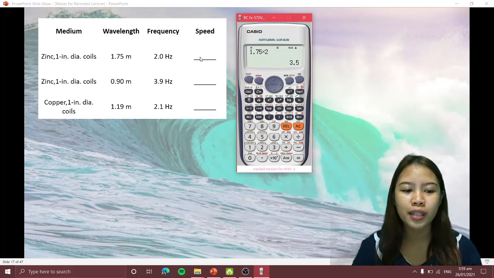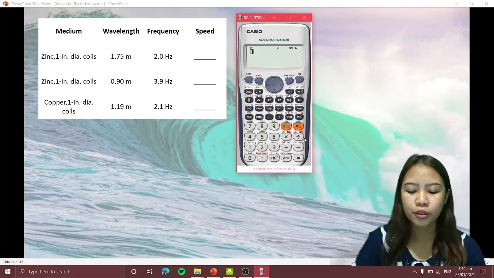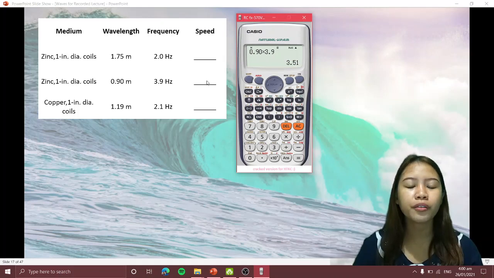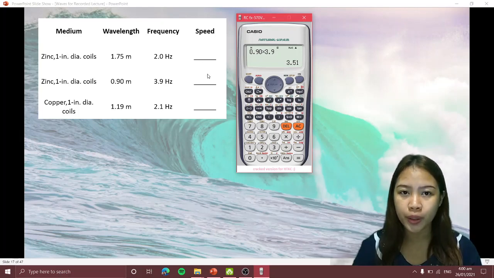So we multiply the two. 3.5. For the second one, we have 0.90 times 3.9, and that is equal to 3.51. So 3.5 and then 3.51. Please write your answers on your papers.